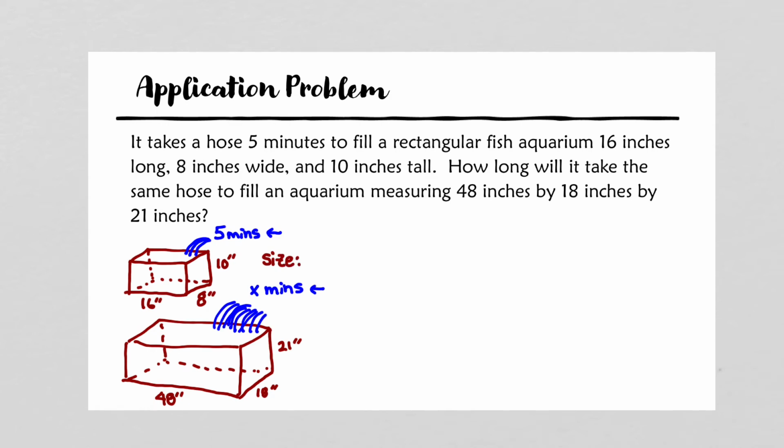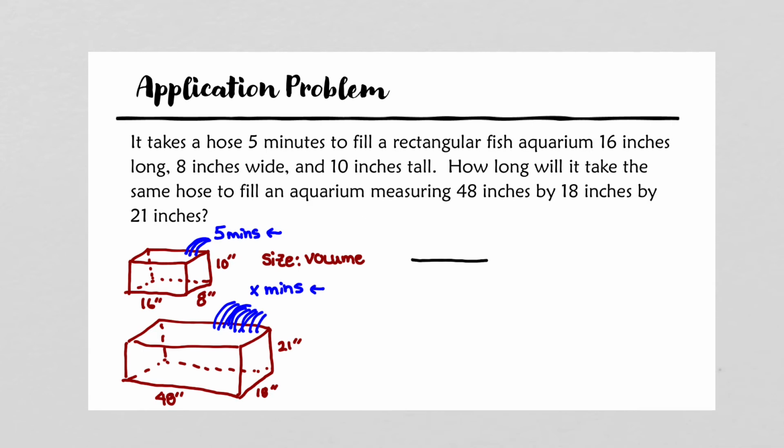Size has to deal specifically with either a length, an area, or a volume. And when we're talking 3 dimensions, as we are with a fish tank, the size we're talking about is a volume. I think what we need to do is set up a proportion that compares minutes to a volume, specifically cubic inches, and then minutes to the second volume, cubic inches. Let me get that set up started.